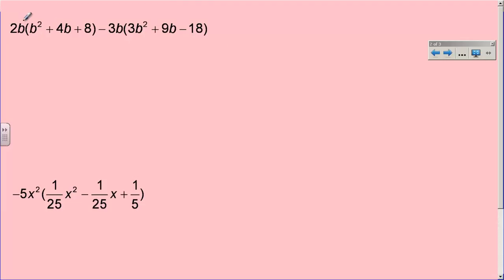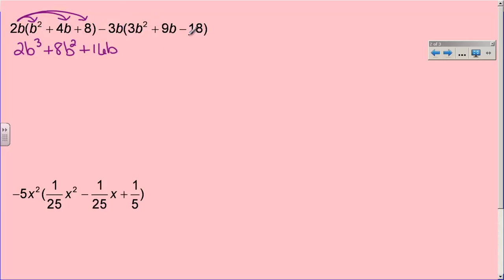So this 2b is in front of this set of parentheses, so it gets distributed just to this set of parentheses. So you have 2b times b squared, which is 2b to the third, and then 2b times 4b is 8b squared, and then 2b times 8 is 16b. So this has been distributed.